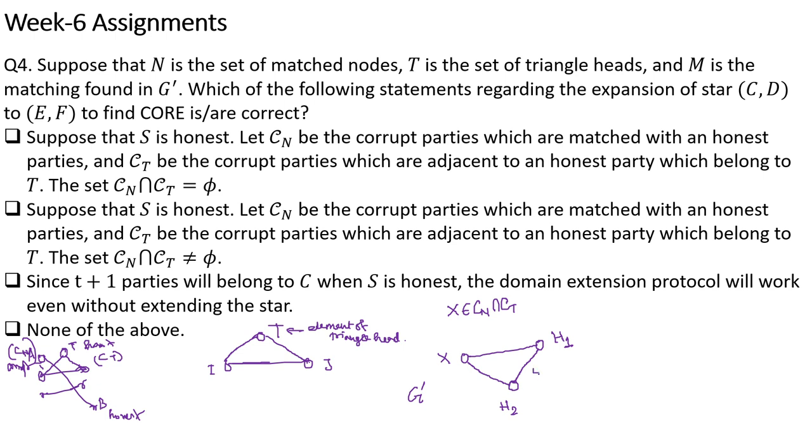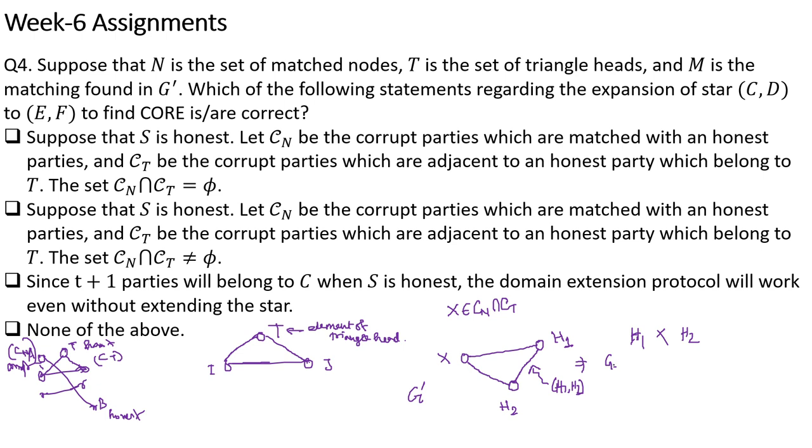That means there exists an edge between H1 and H2 in G prime, which implies in G, H1 and H2 are not connected. There is no edge in G.